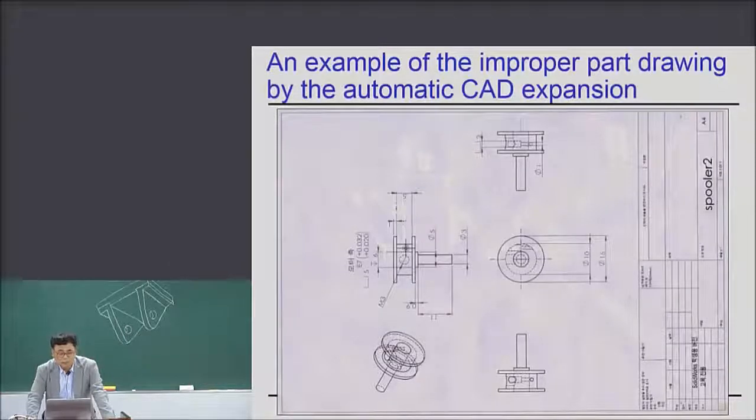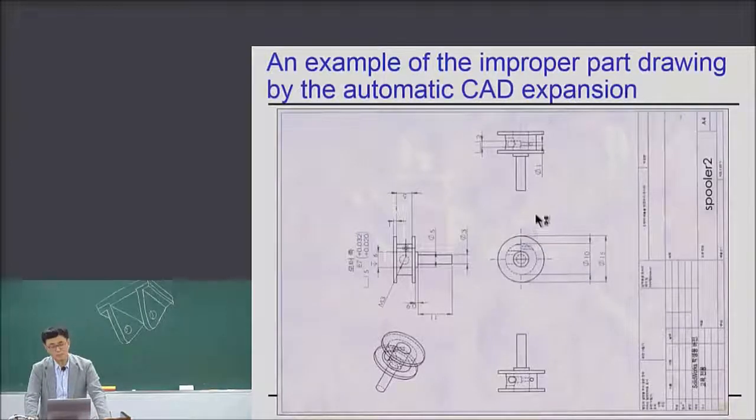The technician who tried to make this part called me that he made some mistake because of the part drawing the graduate student submitted. The technician showed me this part drawing.